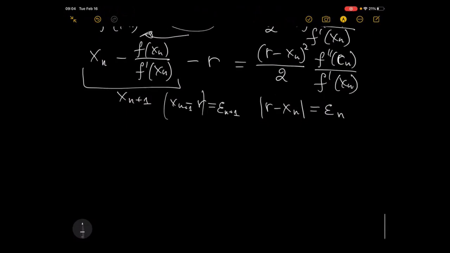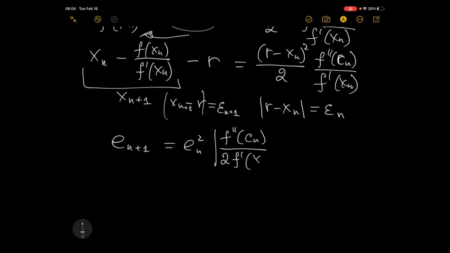As a result, I'm getting that the error on n plus 1 step is the error on nth step squared times f prime cn divided by 2 f prime xn.